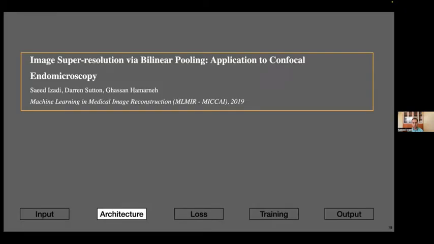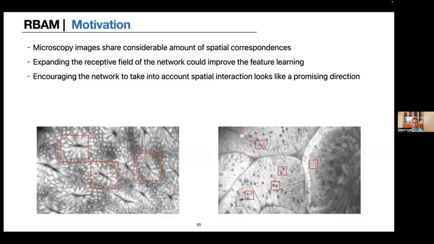The next paper we discuss still targets the image super resolution problem. The novelty of this paper, which was published in MICCAI 2019, centers around the architecture design and the attention mechanism. As you can see in microscopic images, as well as in many natural images, many repetitive patterns occur all over the image.